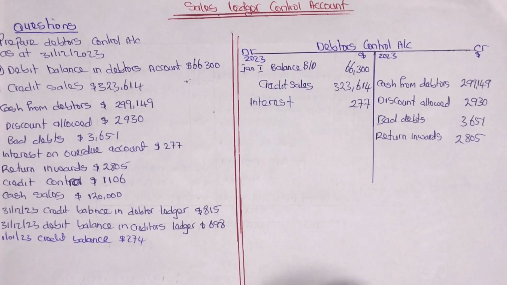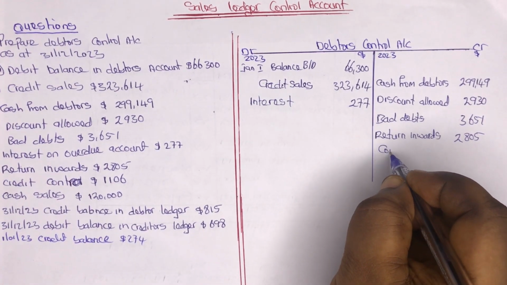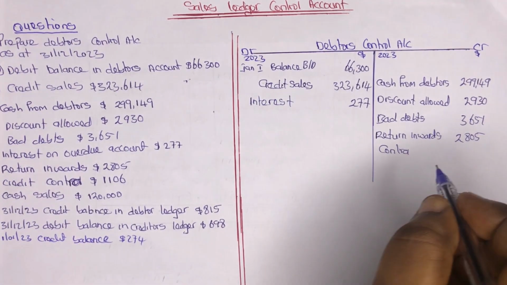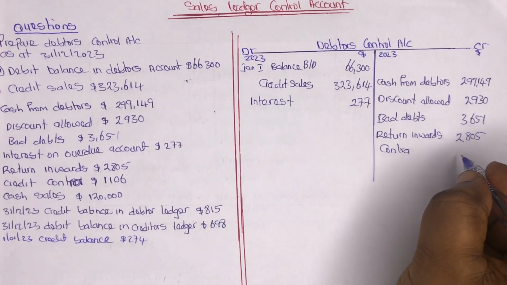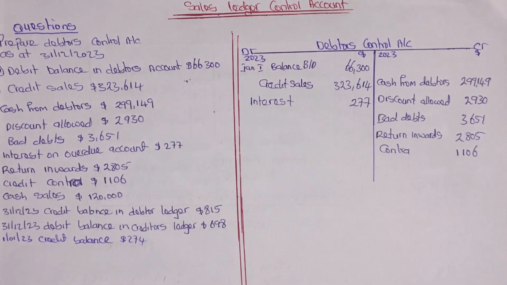The next item is the contra account. The contra account goes on the credit side. So we put here contra, and the amount is 1,106.